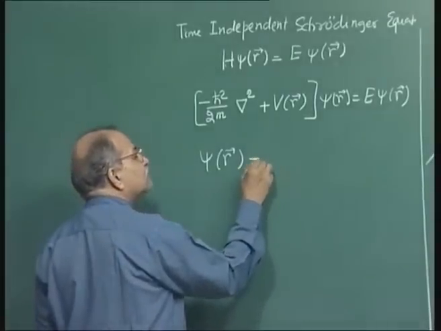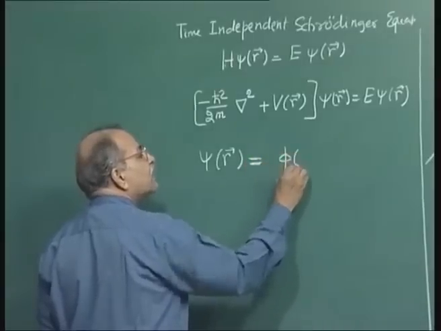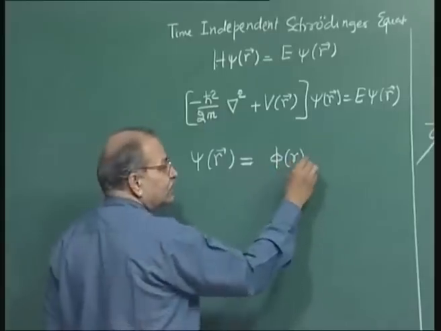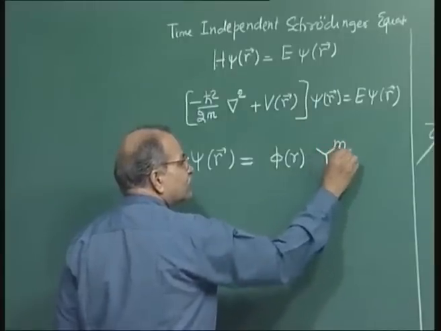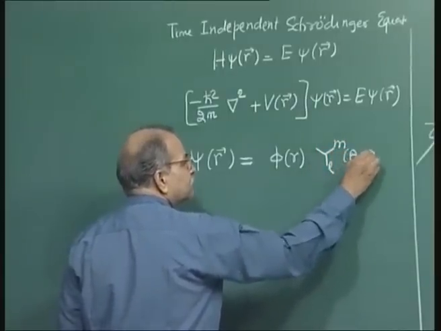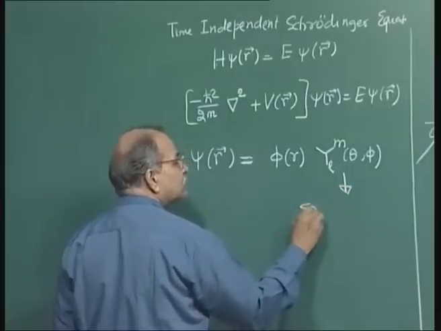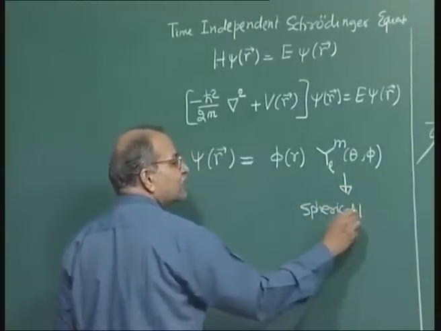So, you have some function of r which we write as phi of r, not r vector, only r, and then the theta phi part are just the standard Y lm theta phi, and these are called spherical harmonics.